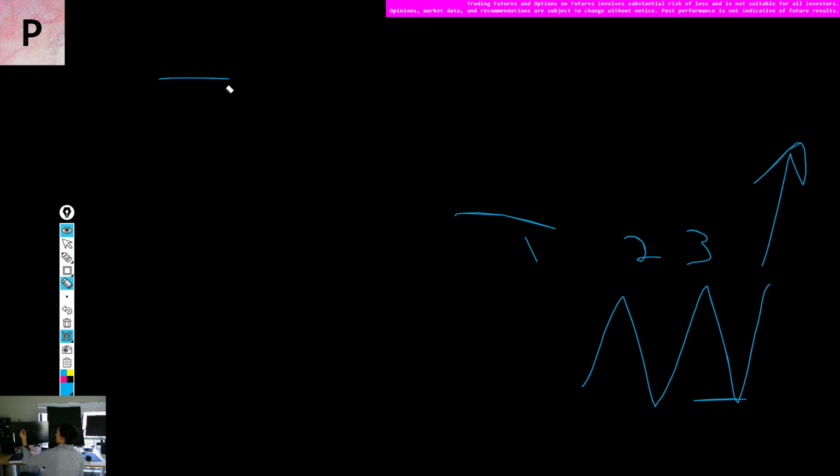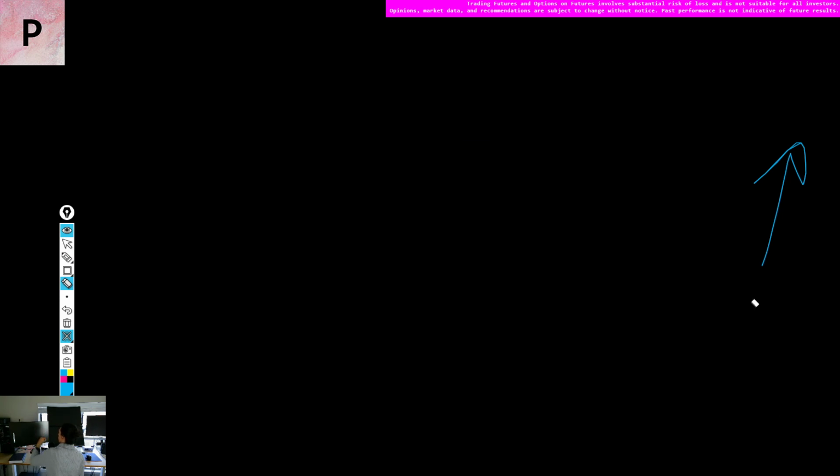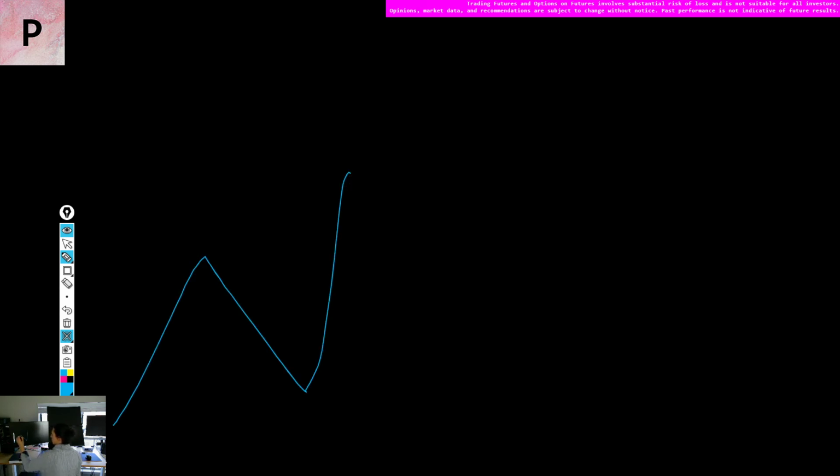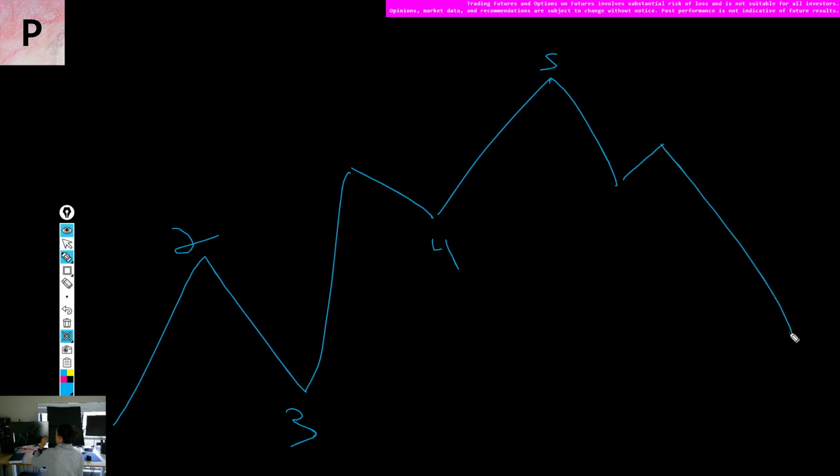Now, secondly, the setup that you want to look for is the fact that when markets move in legs, they typically move in waves of 5 up, 1, 2, 3, 4, 5, and in legs down 3 waves, 1, 2, 3, and then so on and so forth.